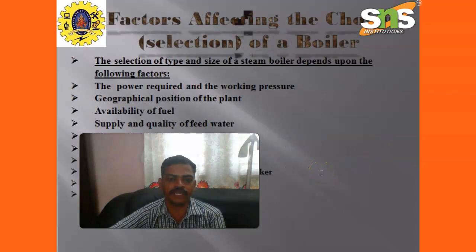The factors affecting the choice of a boiler, that means the selection of a boiler.